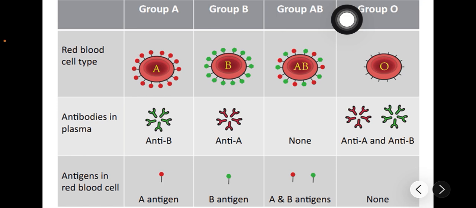Group AB individuals have both A and B antigens on the red cells. Since they lack neither, they have no ABO antibodies in their serum. Group O individuals have neither A nor B antigens on the red cells because they lack both. That's why they possess both anti-A and anti-B antibodies in their serum. While these antibodies were traditionally called naturally occurring, our references clarify that they're actually non-red blood cell stimulated.